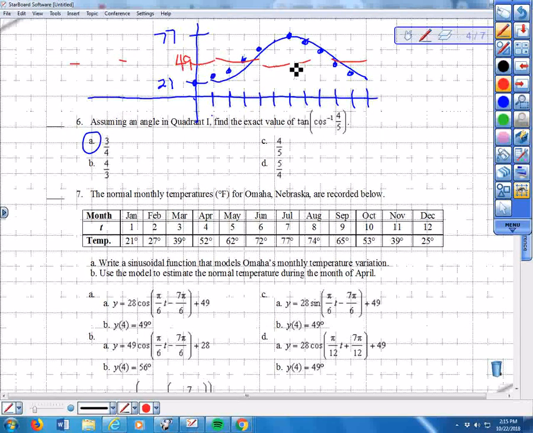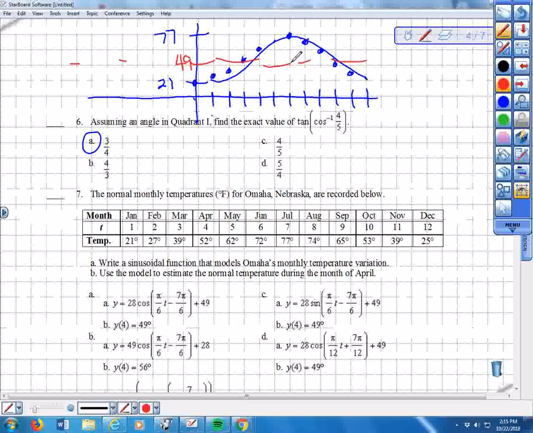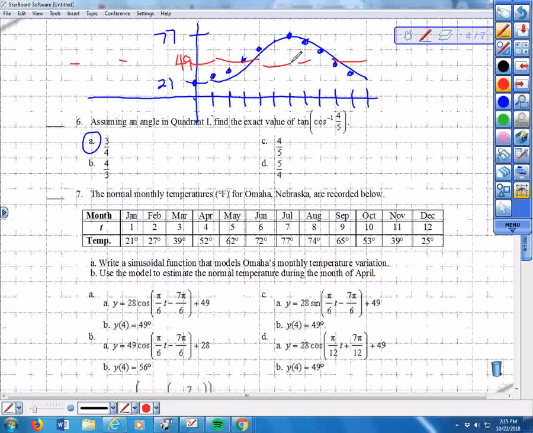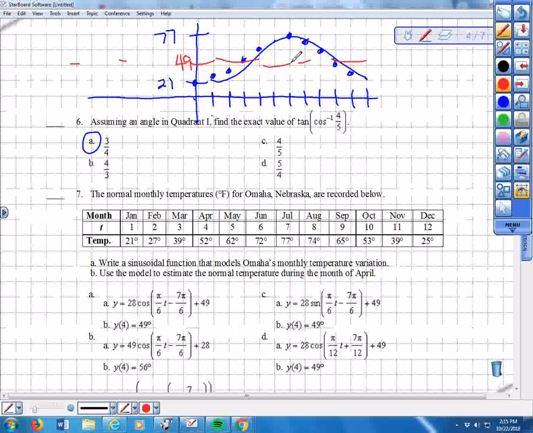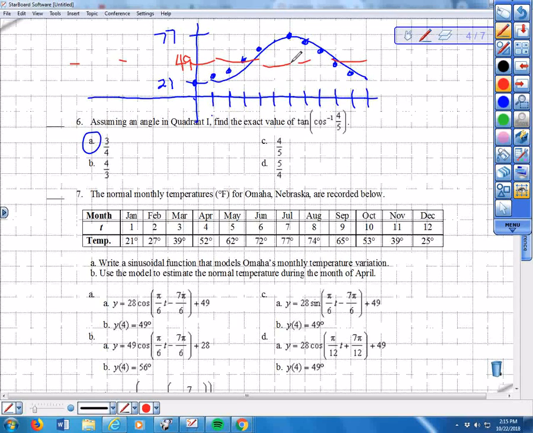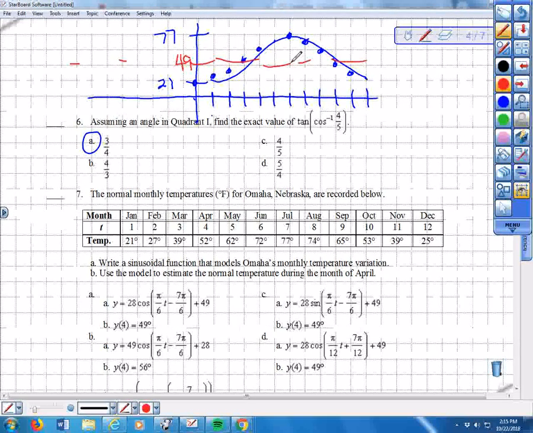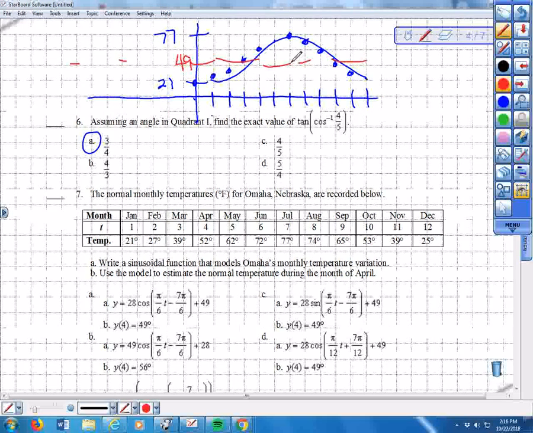There's my midline. Do you see that the graph doesn't start on the midline? The midline for the sine graph is the x-axis. If the graph started on the midline, sine would be the best to use. But it starts below the midline, so cosine is the best to use, right? Normally cosine starts above the midline and then comes back down.